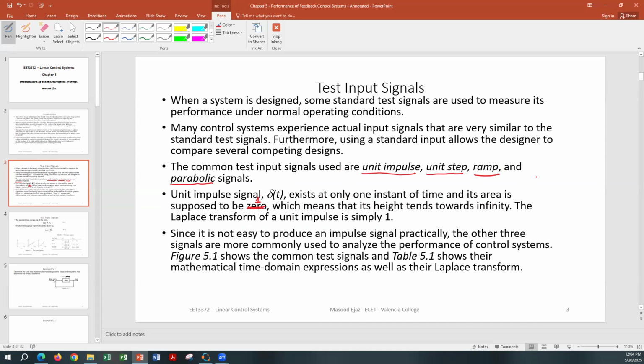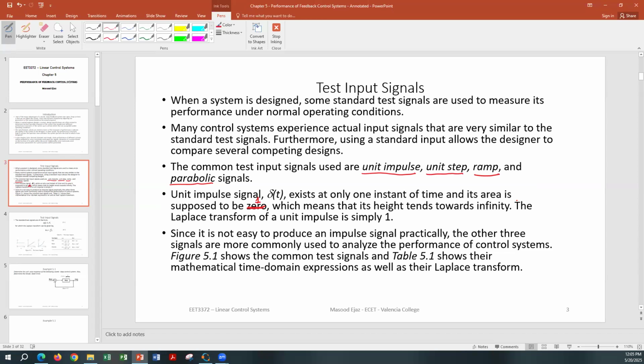So what is the unit impulse signal? In the analog domain, the unit impulse is basically a pulse, and the pulse has some height. Let's say the height is h, and the width of the pulse is 1 over h, such that the area of this pulse is 1.